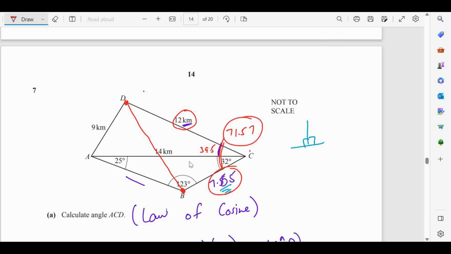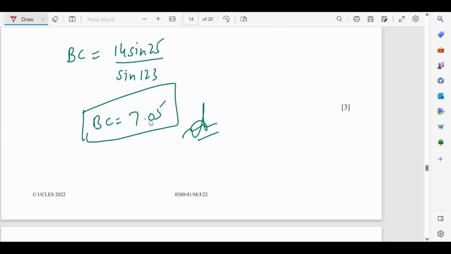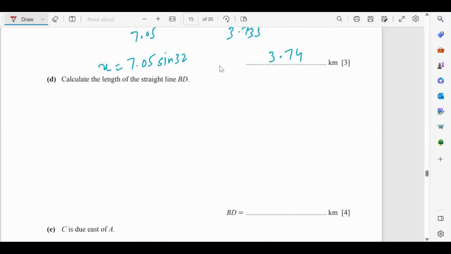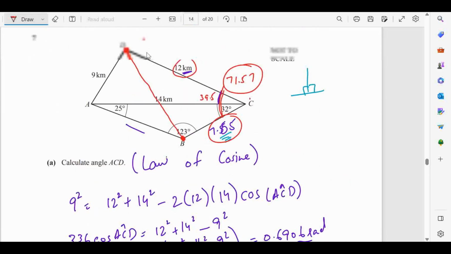We know the adjacent sides, so we can use the law of cosine. BD square is equal to the other two sides, 12 and 7.05.